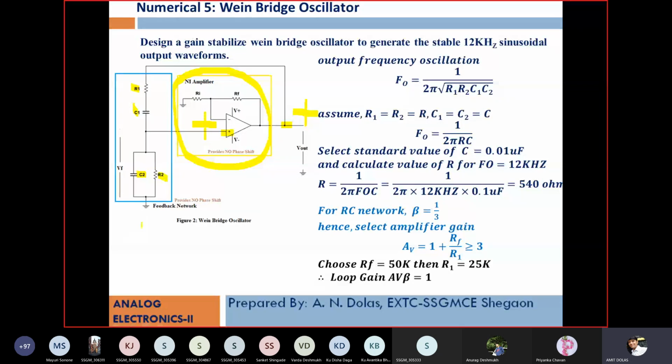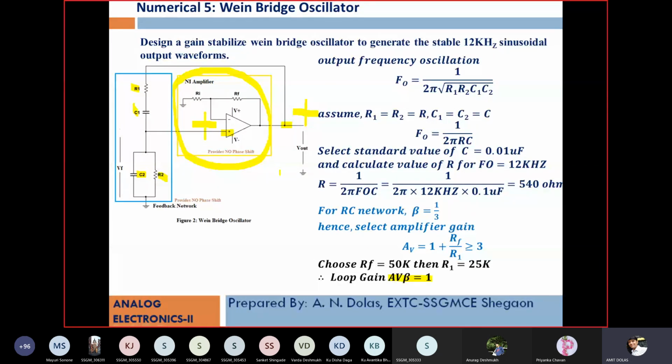So this feedback network placed in this fashion does not provide any phase shift. Therefore, total phase shift will be 0 or 360, satisfying one of the criteria of Barkhausen, and the other can be satisfied by using A beta equal to 1.